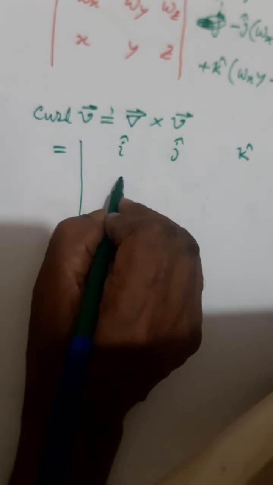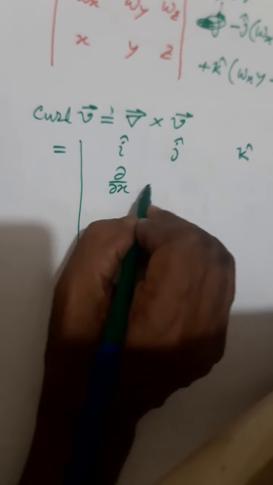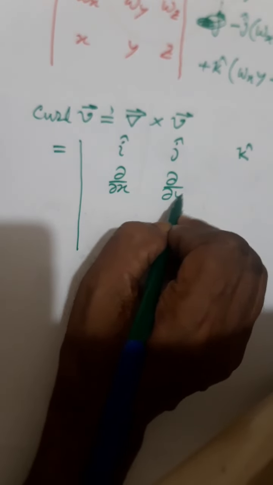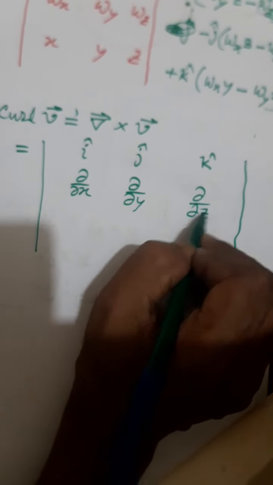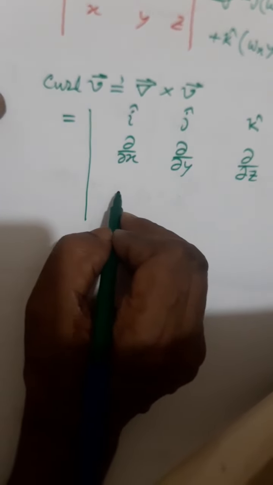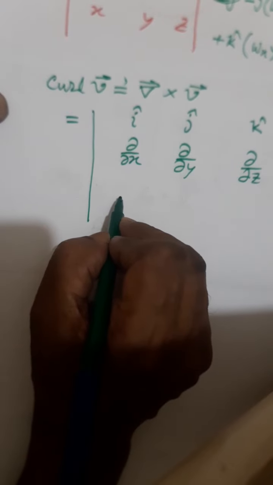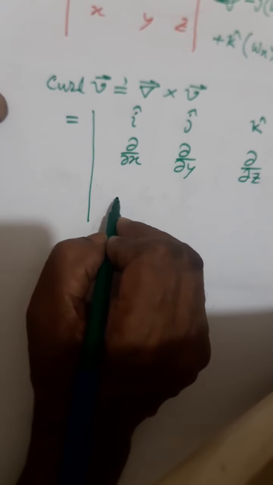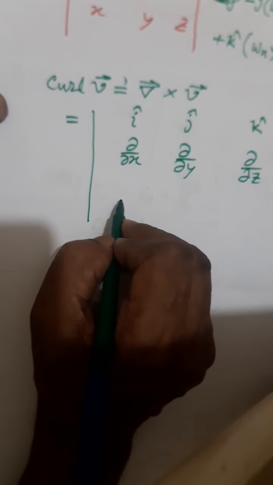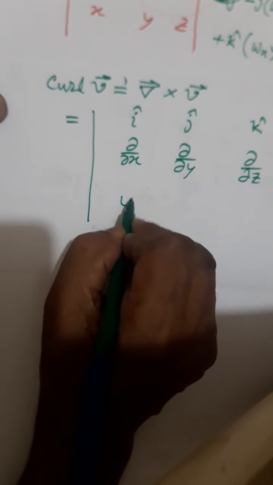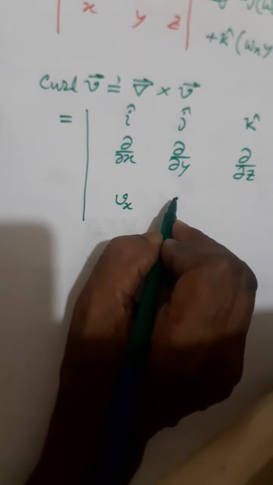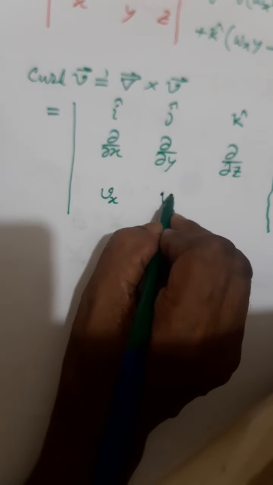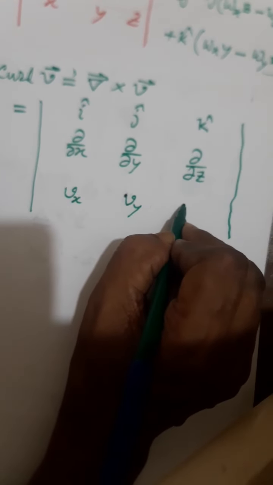In the second row, del by del x, del by del y, and del by del z. And in the third row, the components of the velocity vector, Vx, Vy, and Vz.